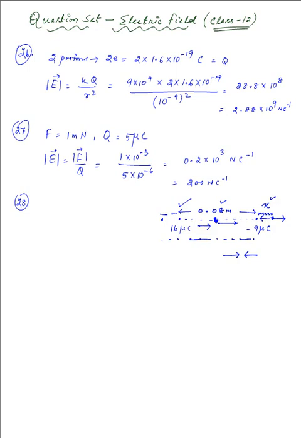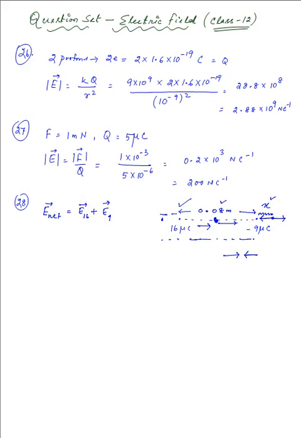So we put down the formula for the resultant electric field in vector notation. Let me write E16 for the electric field due to 16, and E9 for the 9 microcoulomb charge.